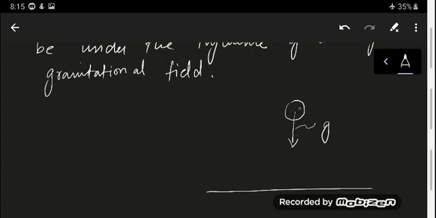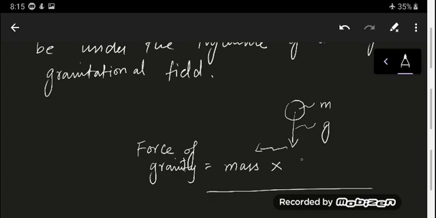Let's say that the mass is m, then the force of gravity, which we also call the weight of the object, is the mass multiplied by the gravitational field strength, or mass multiplied by the gravitational acceleration.